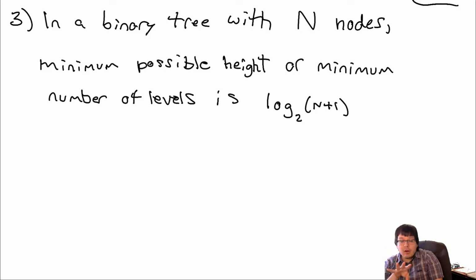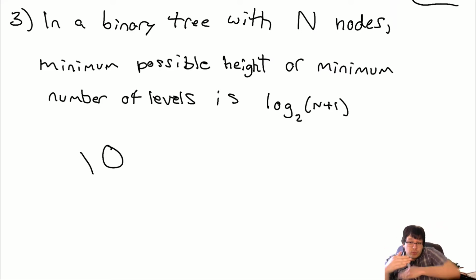Now we're trying to understand what the minimum possible height would be of a tree if it had this many nodes. So if I told you, hey, I got 10 numbers that I'm trying to put in a binary tree, how squished can I make the tree to keep the height the lowest possible?